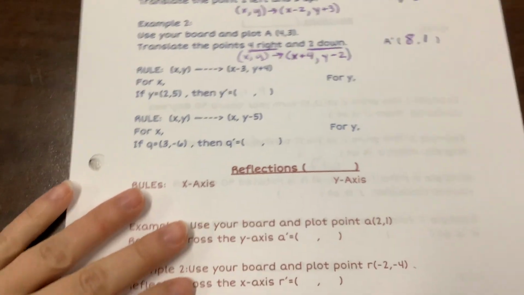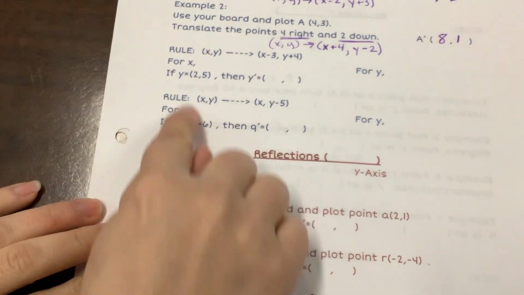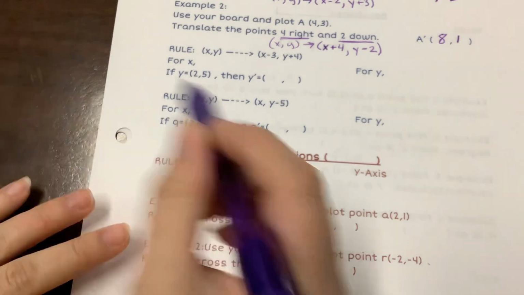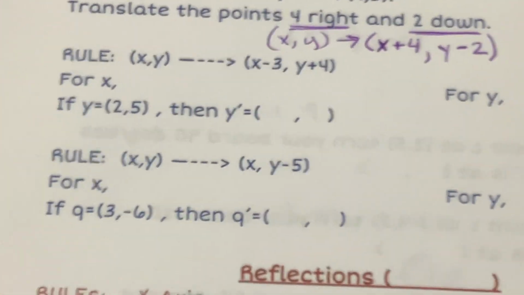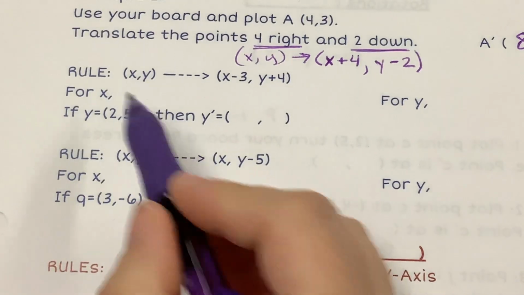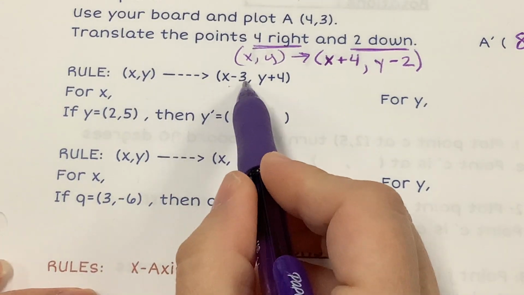Go ahead and set that aside. Okay, so now we're on to the next 2 examples. And now they're just using the rule notation that I was just showing you, okay? So now, for x, it's x minus 3.